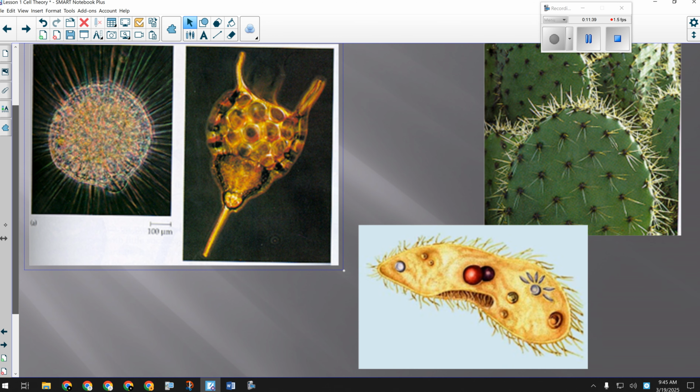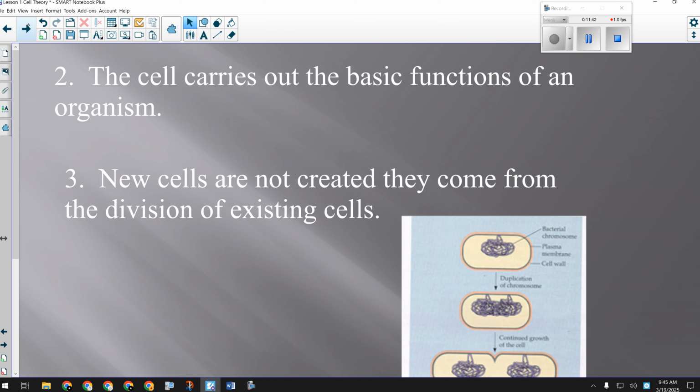All right, second point of the cell theory talks about what a cell does. Put a star beside the second point. It is by far the most important of the 3 points.